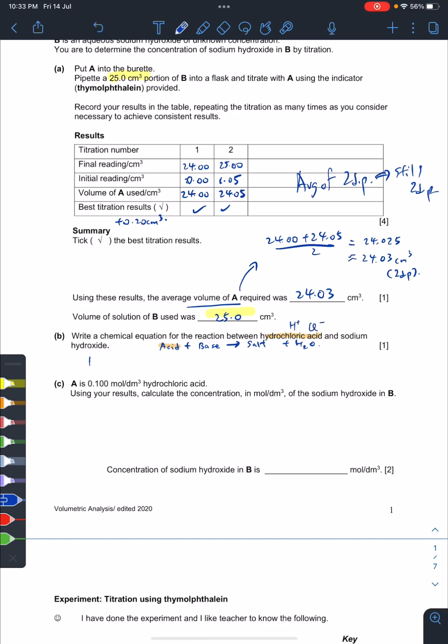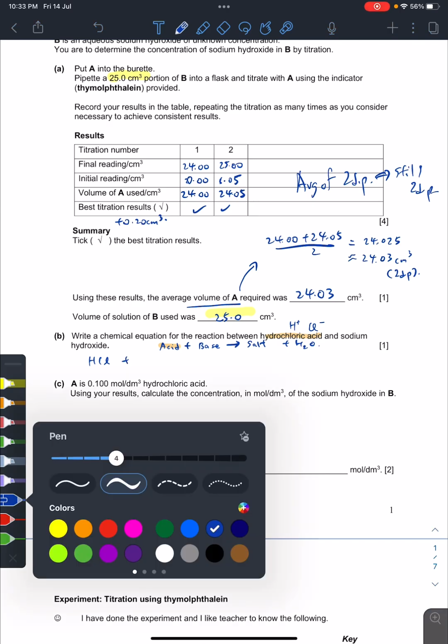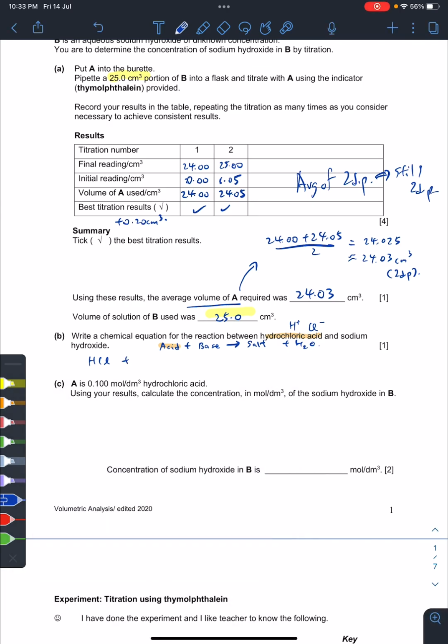So it is HCl. Next one, the base. Base, in this case, is your sodium hydroxide. Sodium is Na plus, hydroxide is OH minus. You can refer to your periodic table. So NaOH, gives you salt and water.